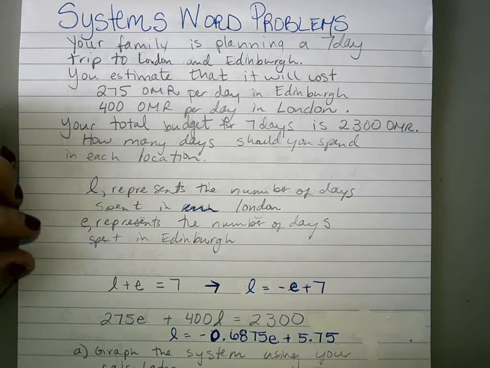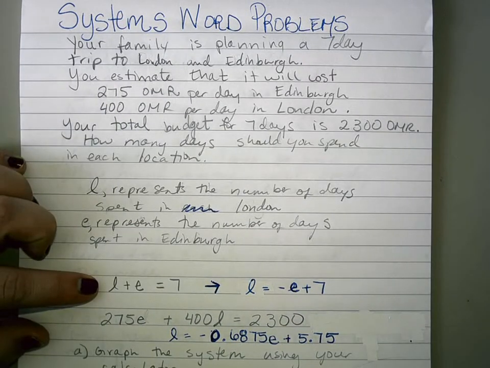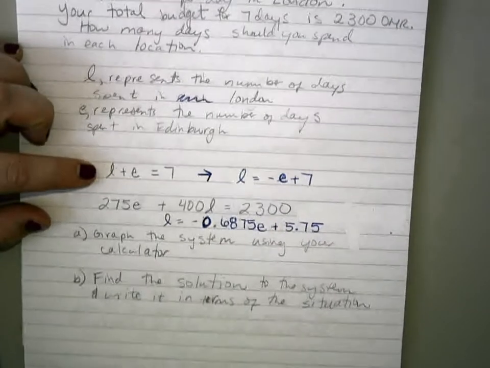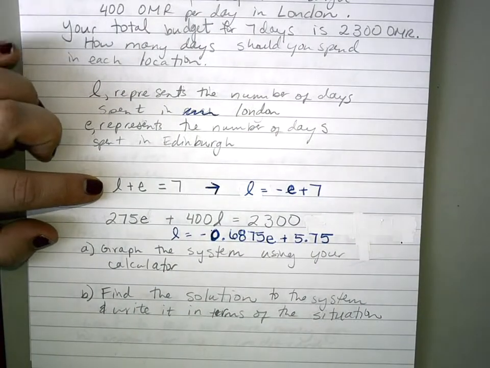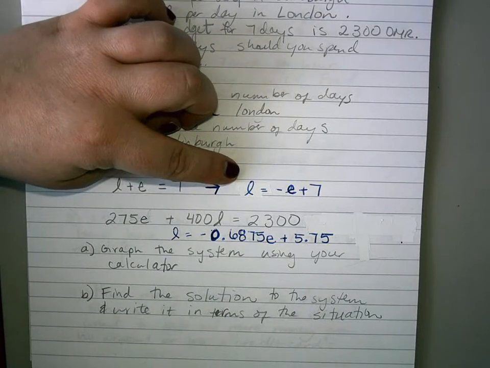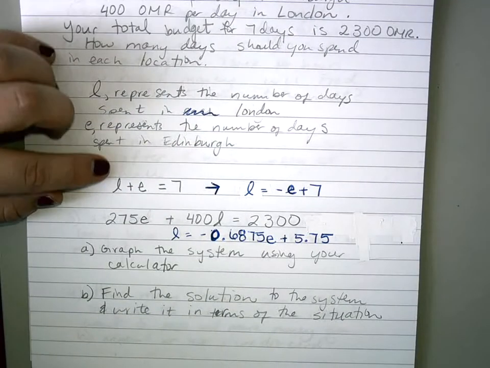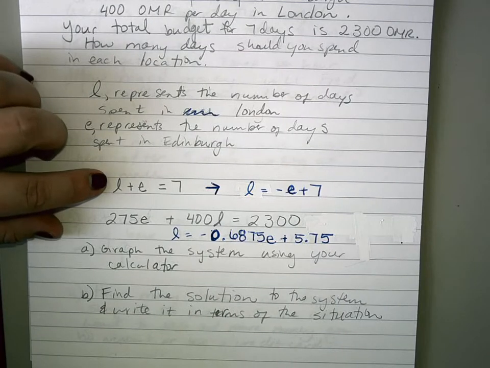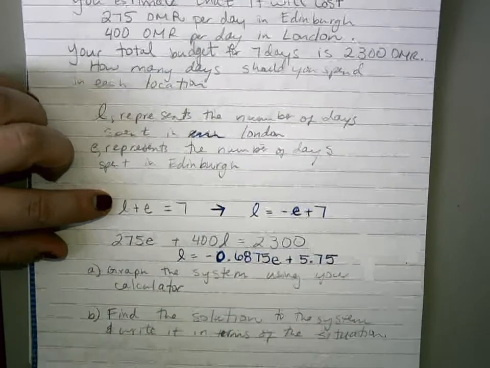Let's look at the equations. In pencil, I have here the equations in standard form, and then I've converted into slope-intercept form in order to put it into our calculator. But you can see that in standard form, this is the actual relationship from the problem. So let me talk about how I wrote this.